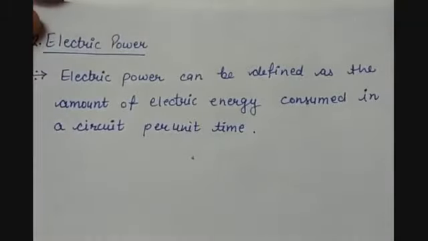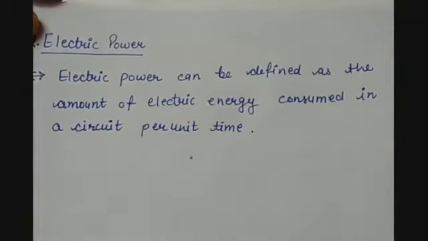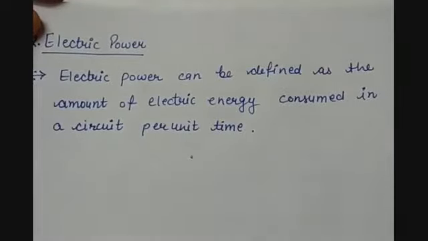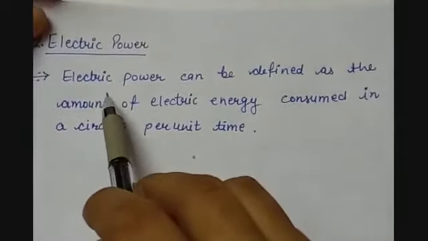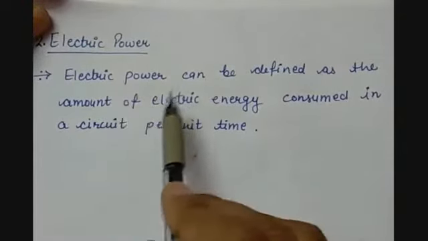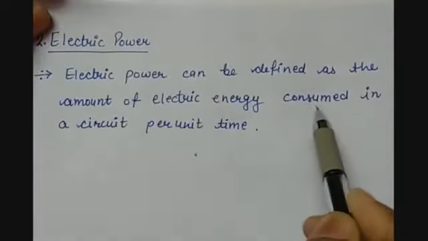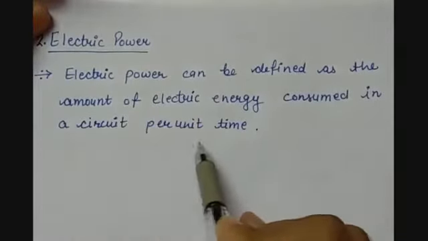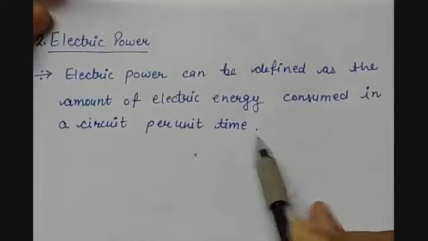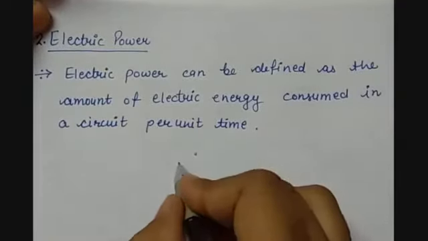That means this is the efficiency of consuming electric work, or electric energy. We can define electric power as the amount of electrical energy consumed in the circuit per unit time, denoted by P.